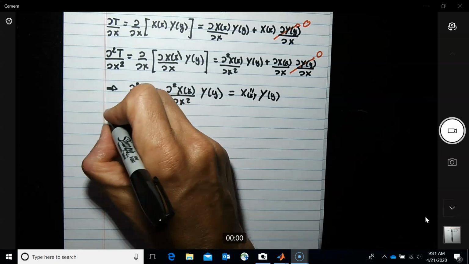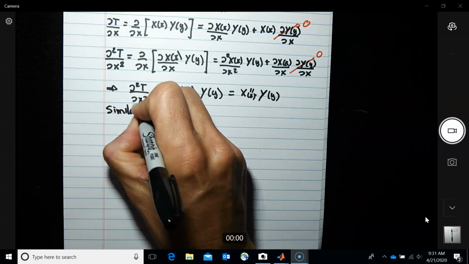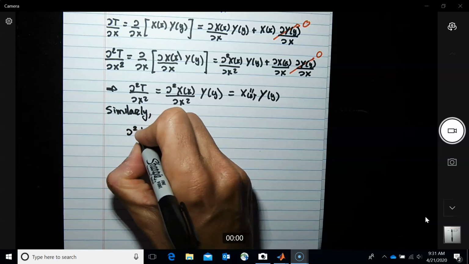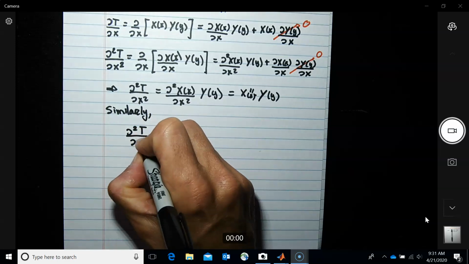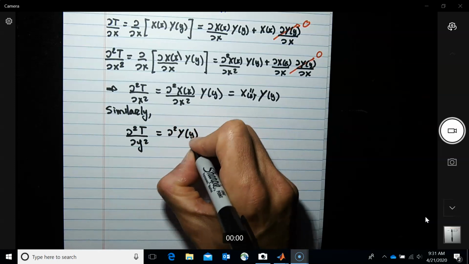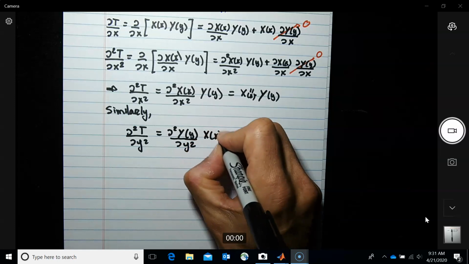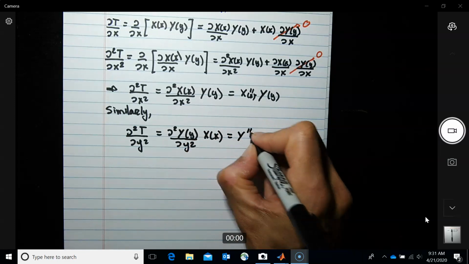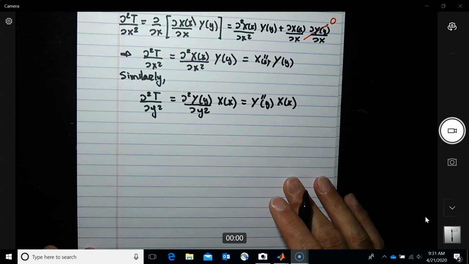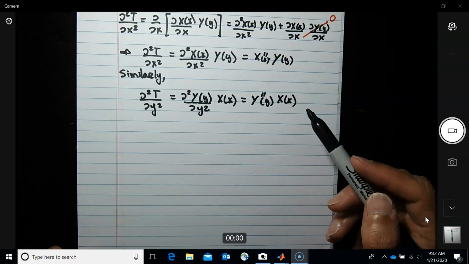Similarly, you could get that the second derivative of T with respect to y squared will be equal to the second derivative of Y with respect to y squared times X(x), or Y double dot of y times X of x. You remember that's the same thing we have been doing for the ODEs.